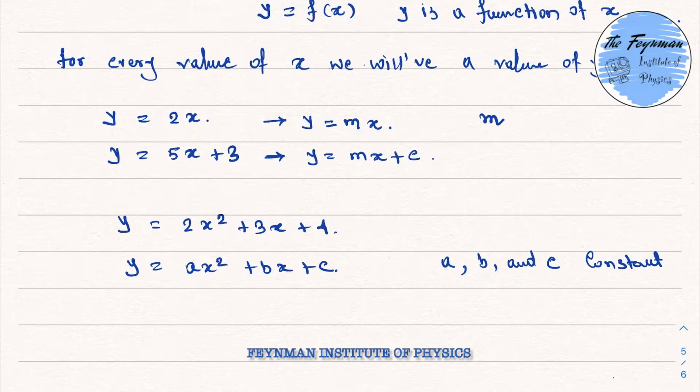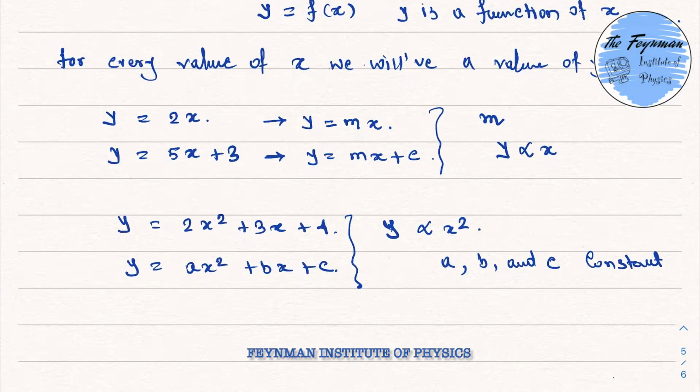So this is how the constant part can take any value. But the difference between these two equations is in this kind of equation y is directly proportional to the x. So it is directly proportional to the first power of x, and on the second equation we can find that y is directly proportional to x square. So actually y can be proportional to any power of x.